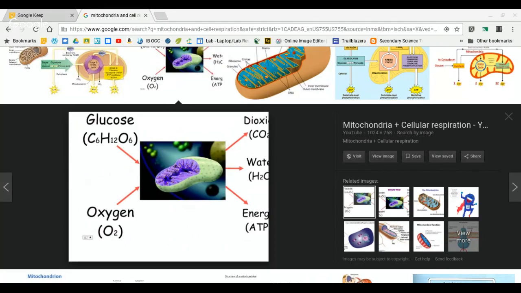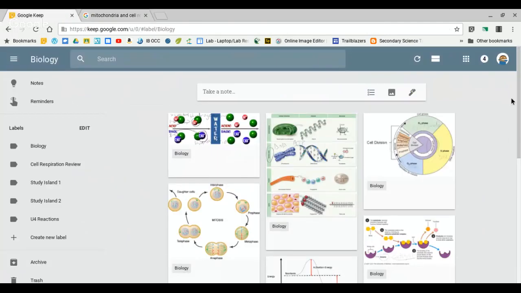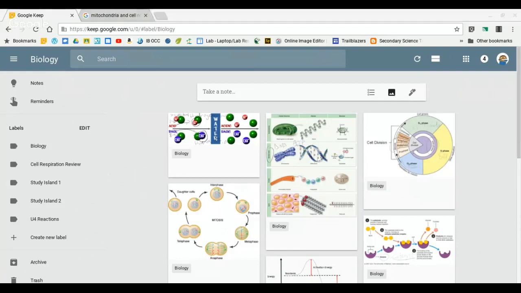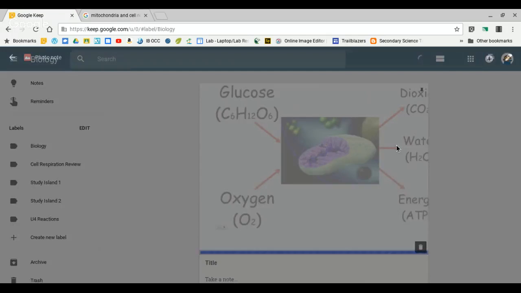The main thing when it comes to mitochondria is knowing how cellular respiration occurs in mitochondria and what process of cellular respiration occurs when. I just found this picture online, just a quick search, and it's basically the one we drew in class.